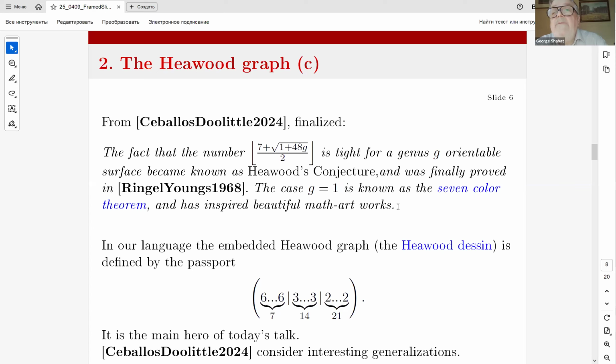And as for the inspiration of the beautiful math art works, it just illustrates again that the same mathematical objects can be drawn in some ugly way, like the initial minimal triangulation of the torus and the Heawood initial picture, that unfortunately is hidden from the list of participants.